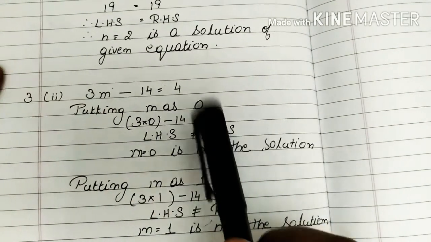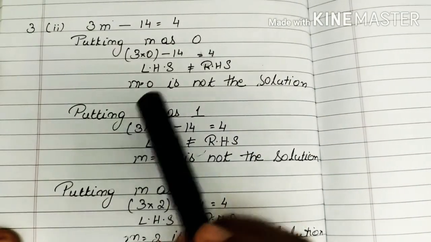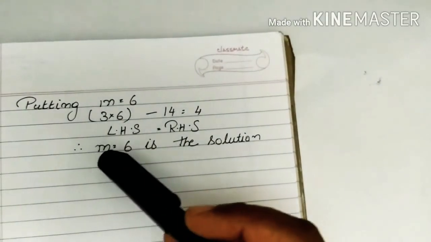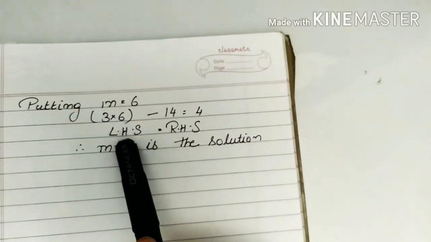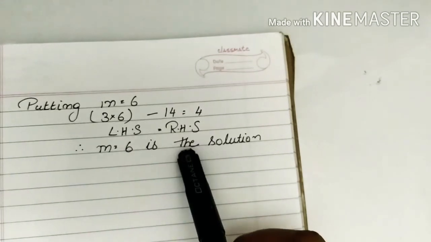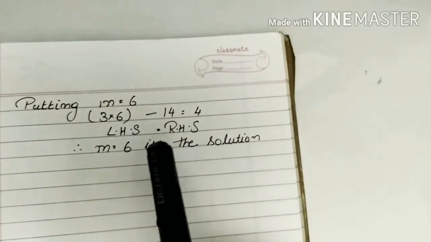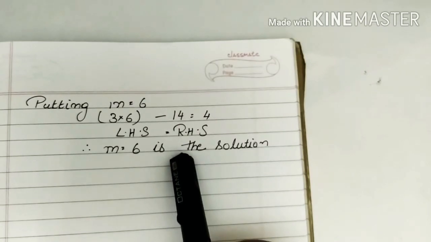LHS is not equal to RHS, so m is not the solution. Then we tried with 1, then with 2, so both are not satisfying, right? And then we tried with 3, 4, 5 and then 6. So when we try with 6, LHS is equal to RHS and therefore m is the solution of the given equation, right? So m is equal to 6 is the solution. That specifically we will have to mention and then solve this particular question.